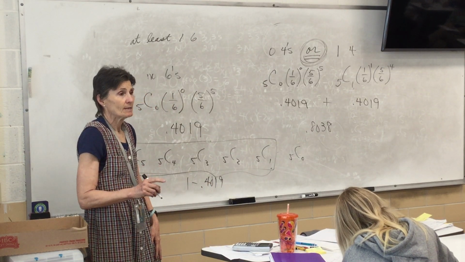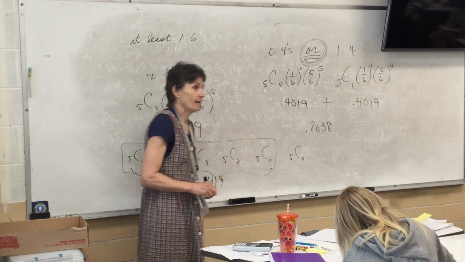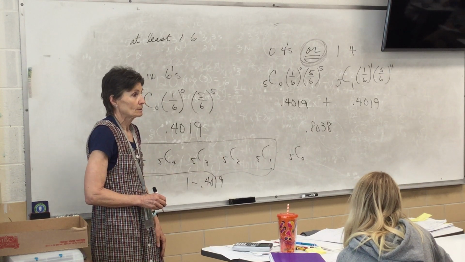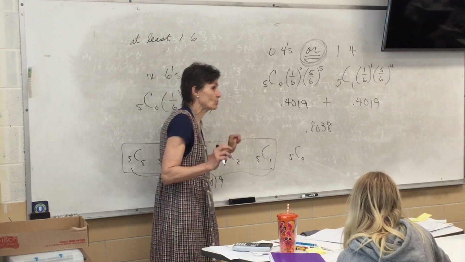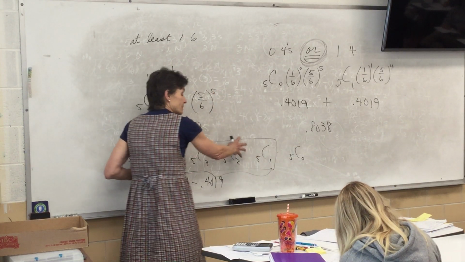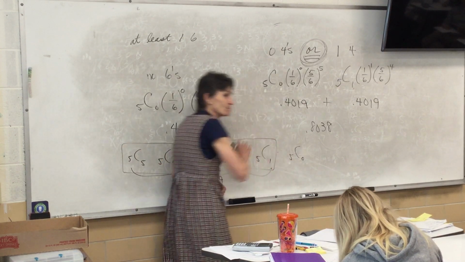If it doesn't, then you get to do all of these individual cases and add them up, because that's what you would need to do. Mathematicians refer to this as going through the back door. Instead of finding what we want, we find what we don't want and subtract it from 1.